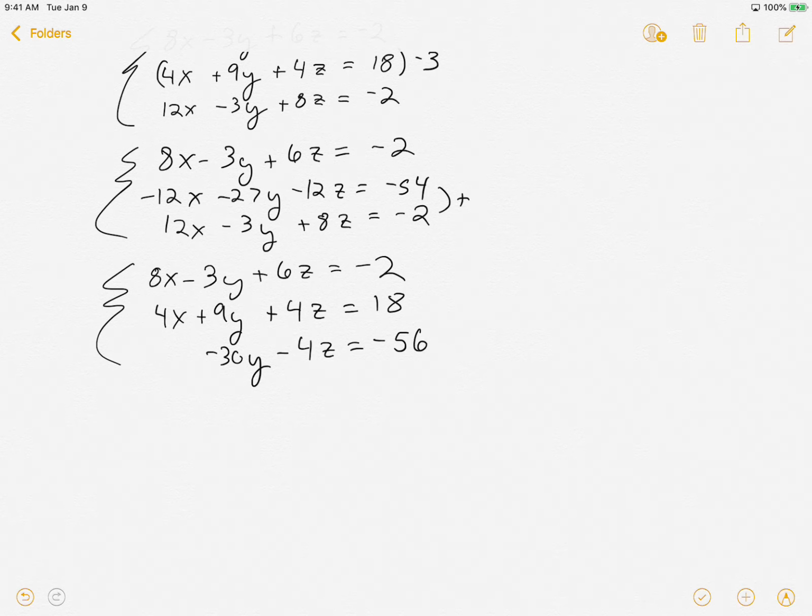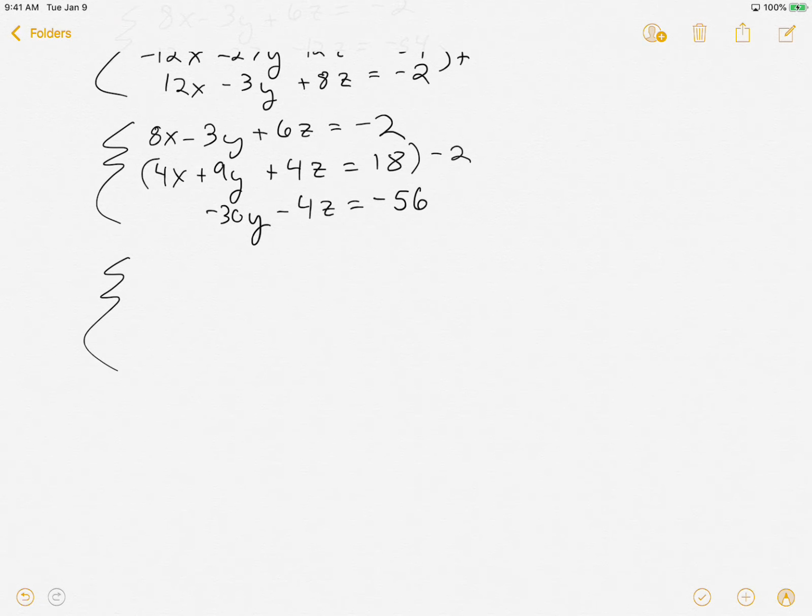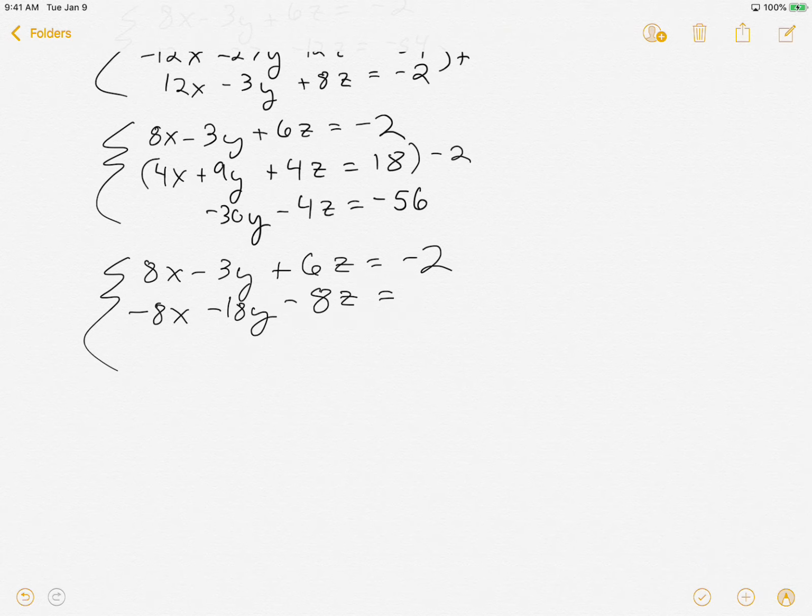Okay, now I'm going to get rid of the 4x in the second equation, and I can multiply that by negative 2 to make it match up with the 8x in the top equation. So let's do that. Okay.